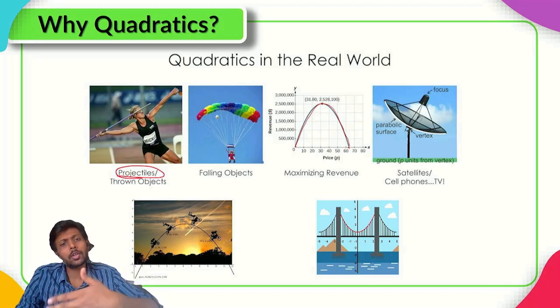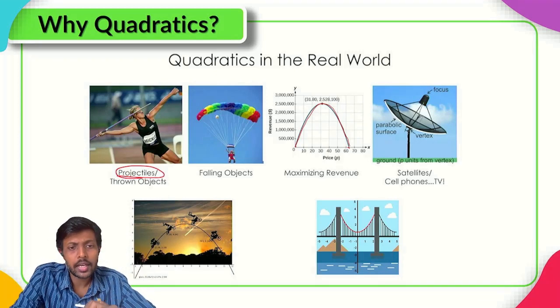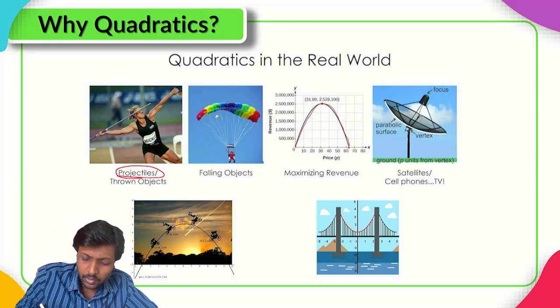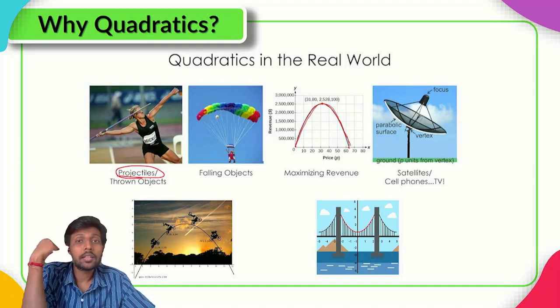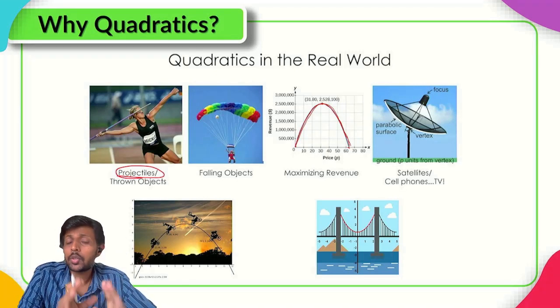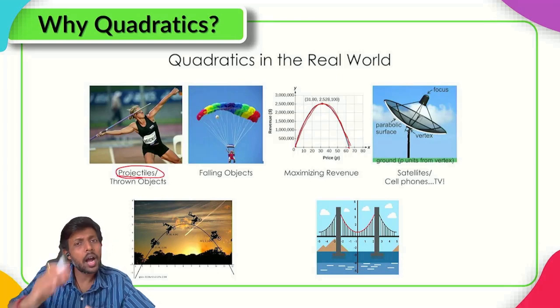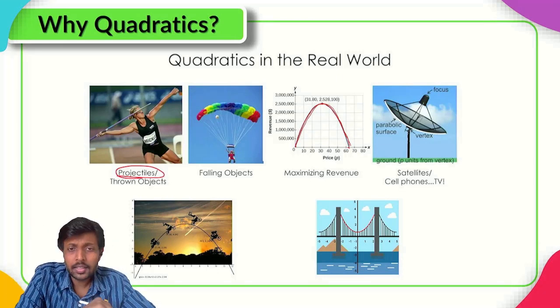If we are just looking at the motion of that projectile in a two-dimensional plane, it looks like this. So we can figure out the trajectory. We can even predict where the object is going to be after a certain amount of time. That's one application of quadratics.